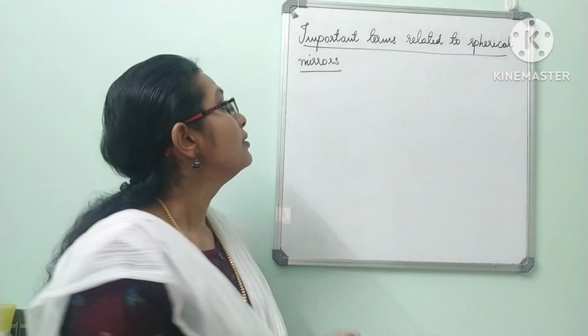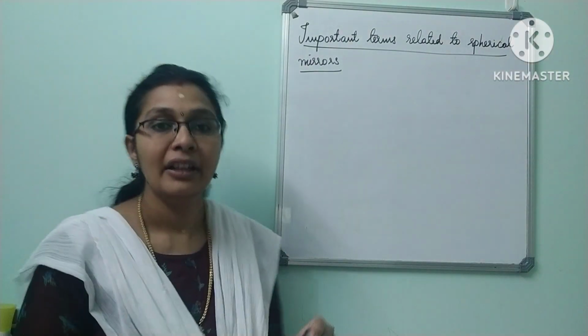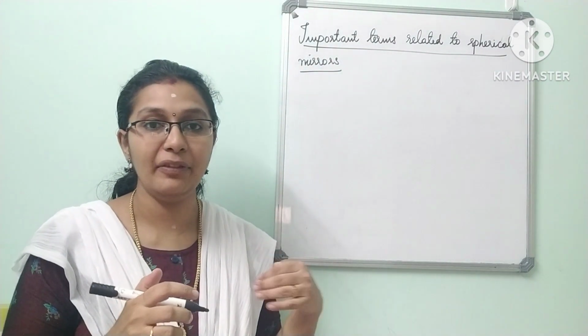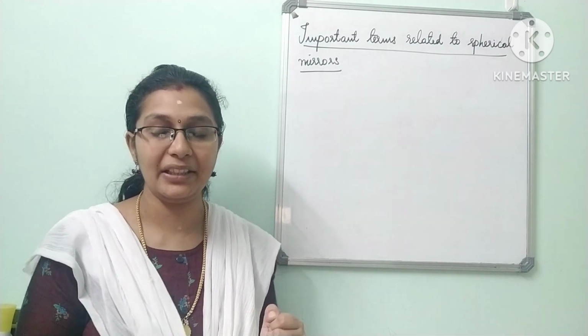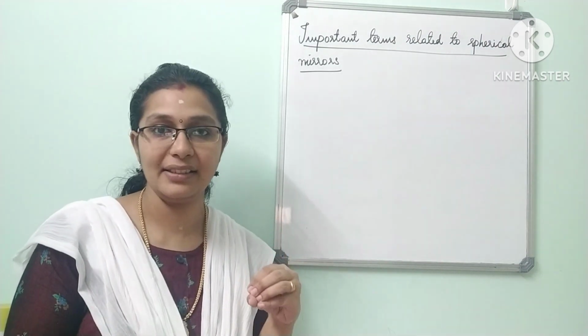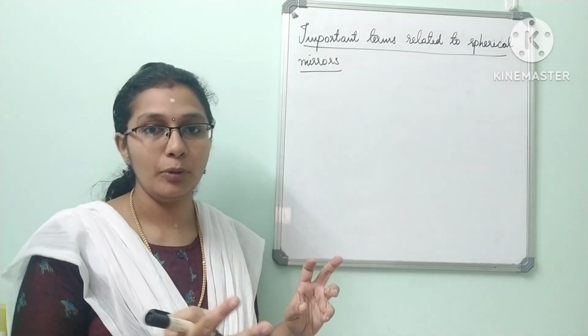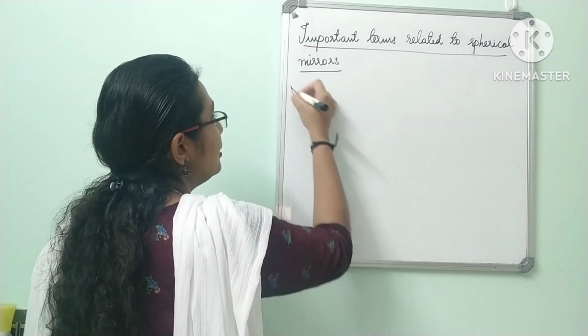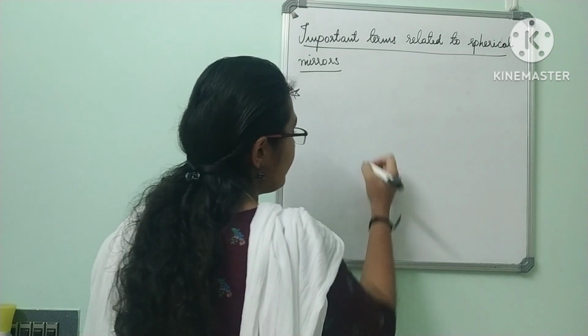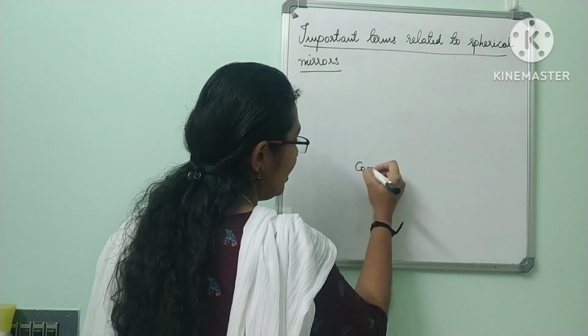Okay. Yes. So now we will learn each term one by one along with the diagram. So we'll have a better understanding. We will have concave as well as convex mirror. We'll learn for both together. The first thing is, let us draw both the mirrors. So let me draw here.